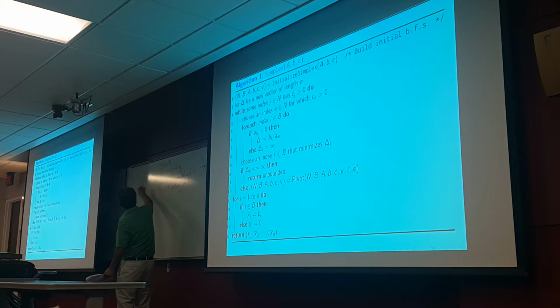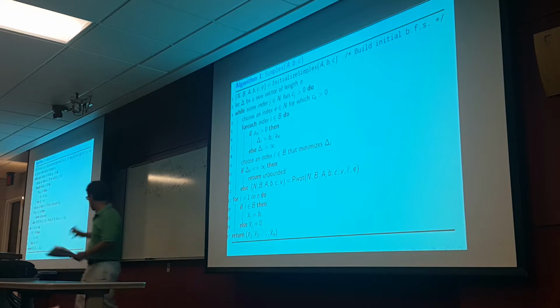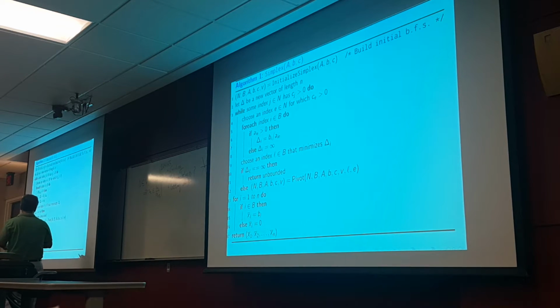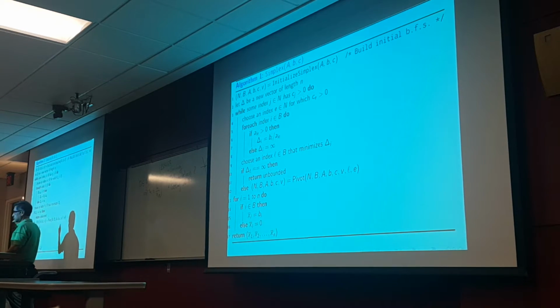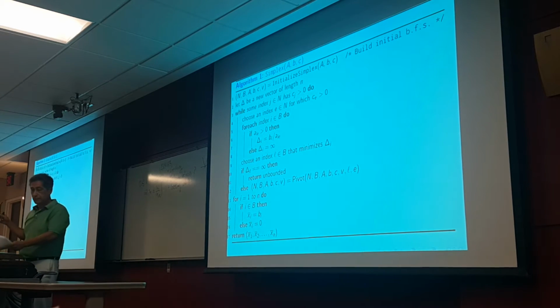So if you look at each constraint in your linear program, you just forget about the remaining non-basic variables and set them to 0, you have a constraint like this, and therefore this means that xe is less than or equal to bi over aie. So it's just looking at each of the constraints. And of course, if aie is bigger than 0, then it is a constraint. Otherwise, it's not, and you make that delta i equal to infinity. So delta i is the amount by which you would be able to increment this variable xe.